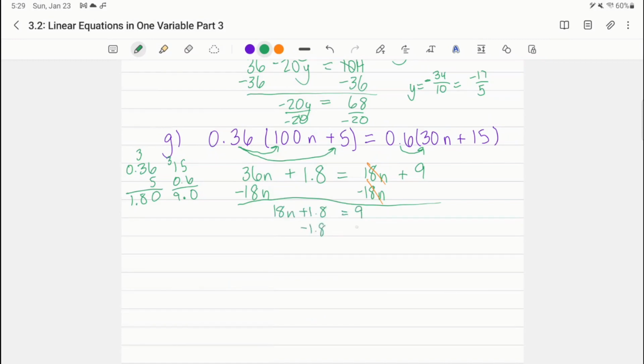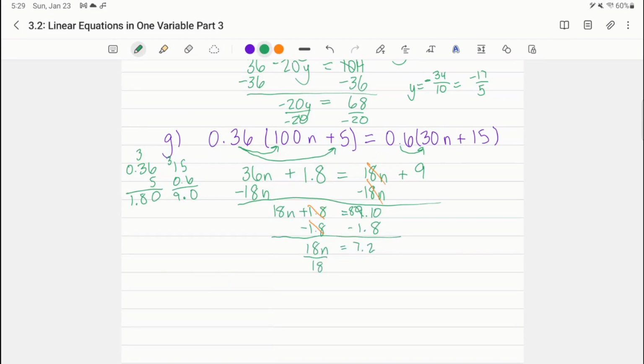Subtract 1.8, subtract 1.8, so make that 0.0. The 1.8's cancel out. We're left with 18n on the left-hand side. And then after some borrowing, we get 7.2 on the right-hand side.